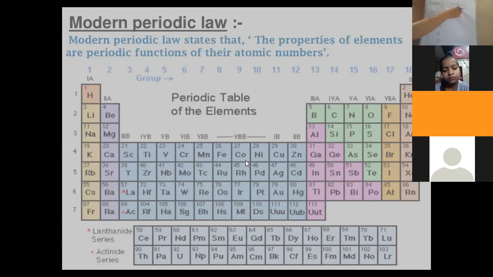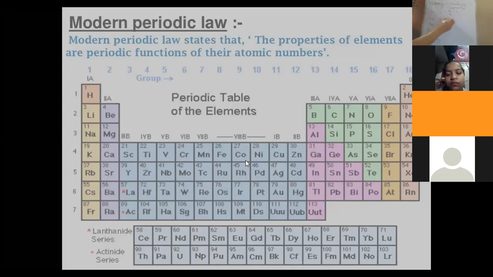Let me show you that their valency will remain the same. How? Although their number of shells will increase, valency will always remain the same when you move in a group from top to bottom. Here you can see in the K shell there is only one electron, so its valency is 1.